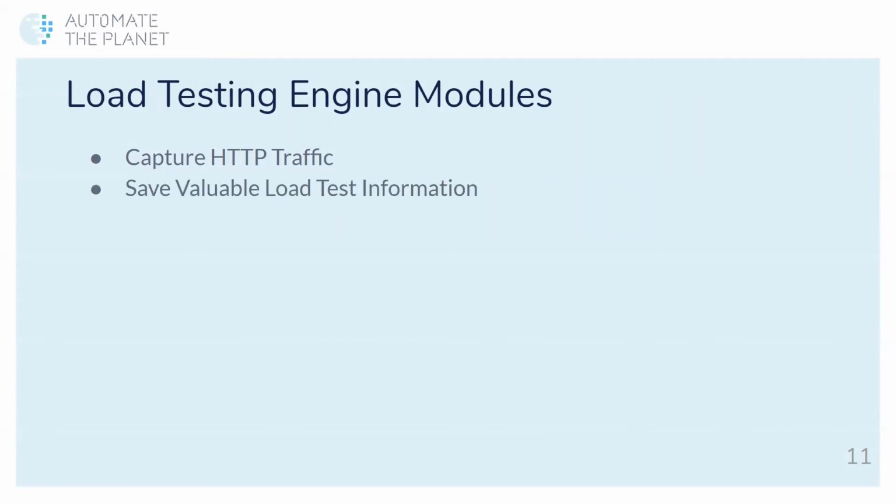Then, every time the test is green, we capture the HTTP traffic and save valuable information about the requests, for example assertions and how the elements were located or not. We save that into a JSON file. So we need logic to be able to do that.